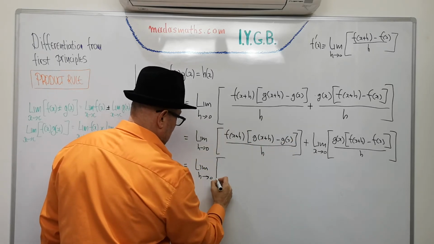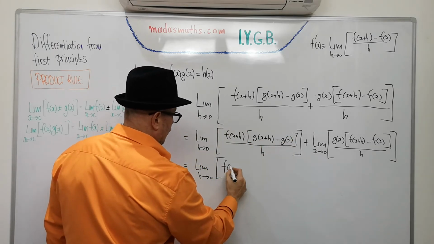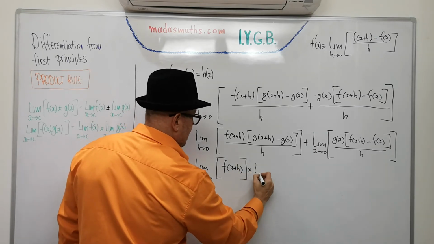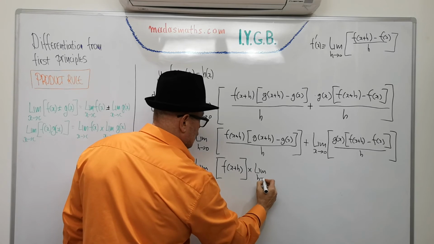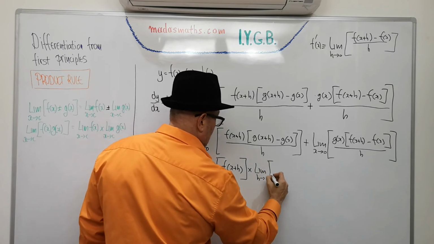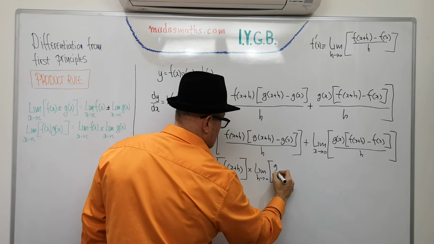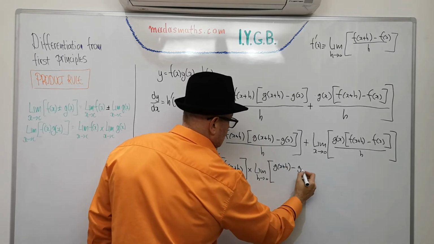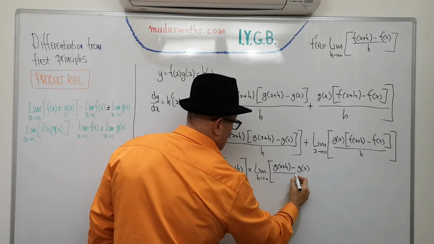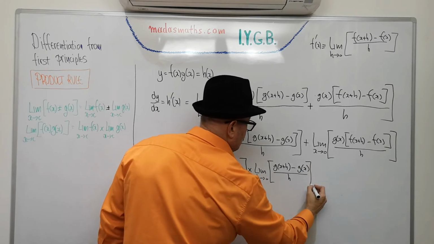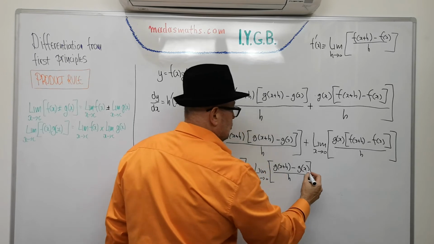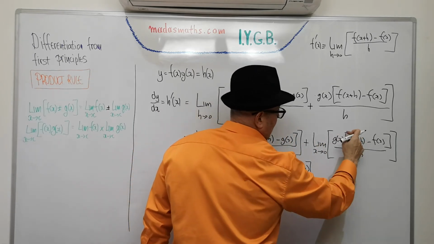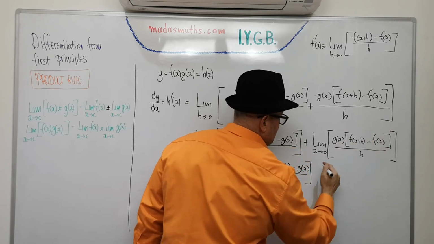So I'm going to write it as the limit as h goes to 0 of f of x plus h times the limit as h goes to 0 of this quantity here, so g of x plus h minus g of x, the whole thing over h. I hope we can all squeeze it in, and I don't run out of board. How are we going to split this one? Of course, it is g of x times this quantity as a single lump.